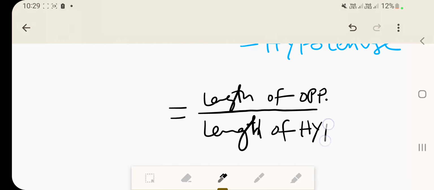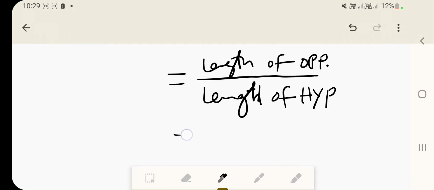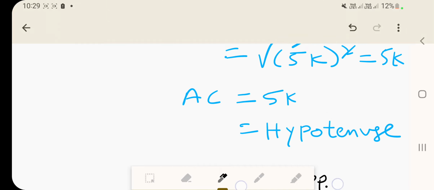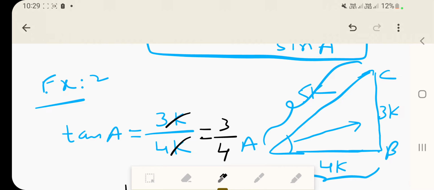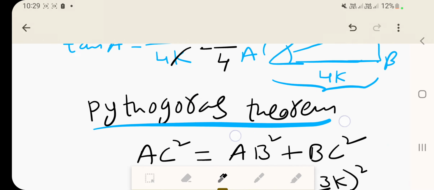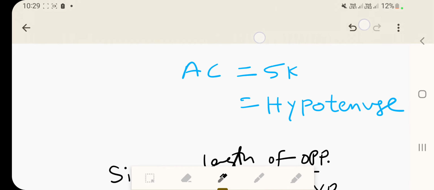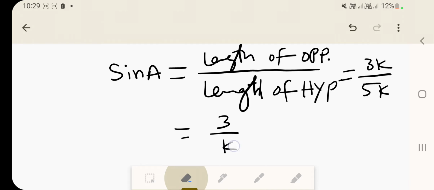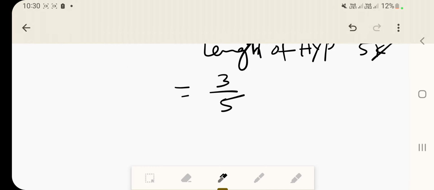The ratio on the left-hand side, I think you guessed already, is going to be sin A. The length of the opposite side is BC, which equals 3K, and the hypotenuse AC is 5K. So we got 3K divided by 5K. Both the K will get cancelled and we get 3 by 5. So this is sin A.